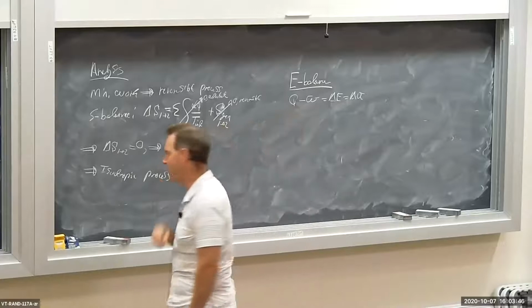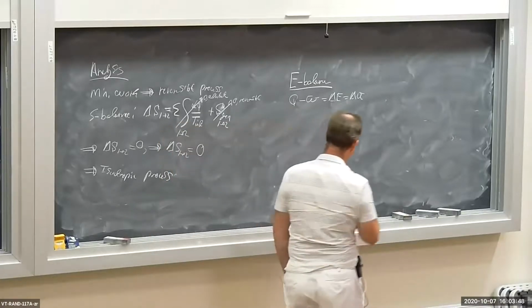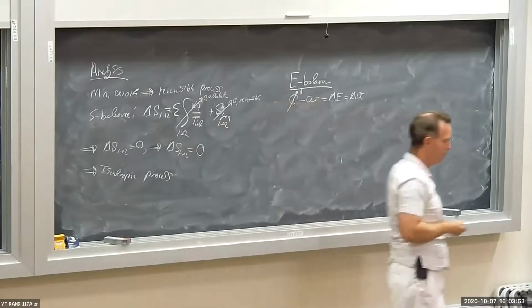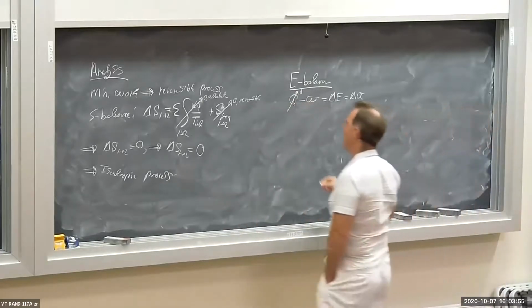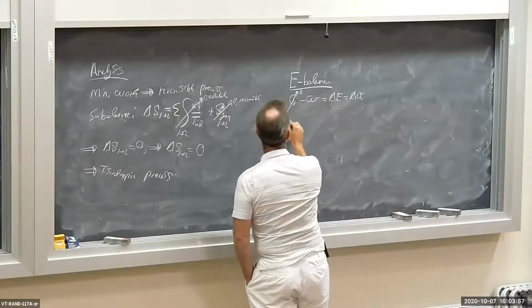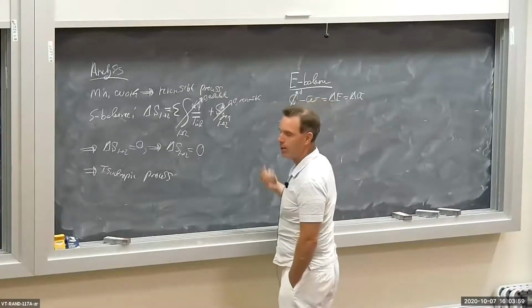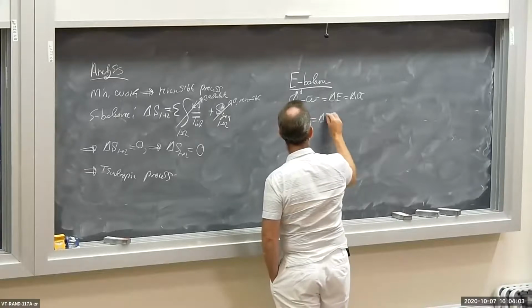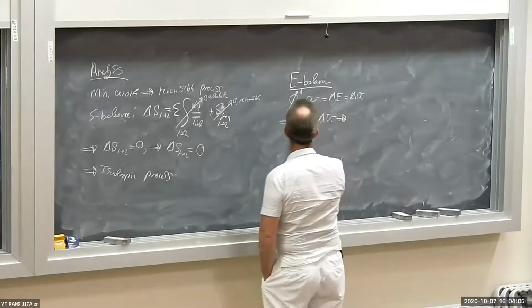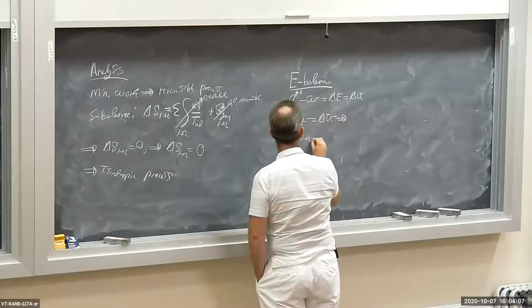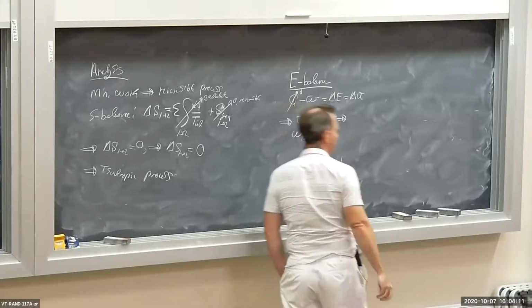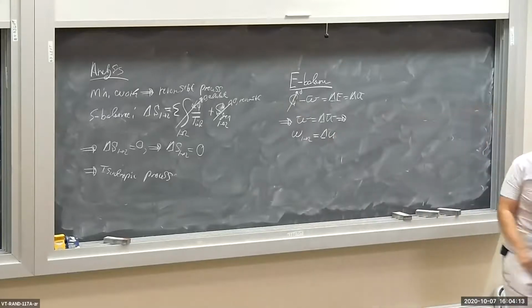Because I'm going to neglect changes in kinetic and potential energy. No heat transfer, so Q is 0. And so I get the work is equal to delta U, or if you like, the specific work from 1 to 2 is equal to the change in specific internal energy from 1 to 2, okay?